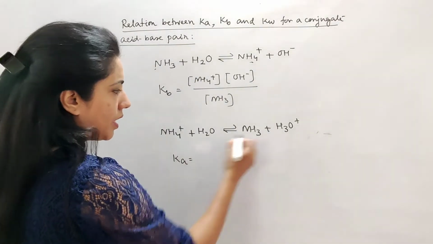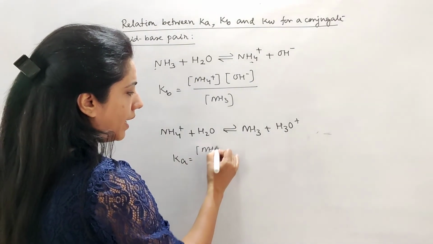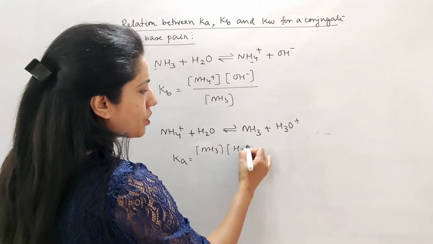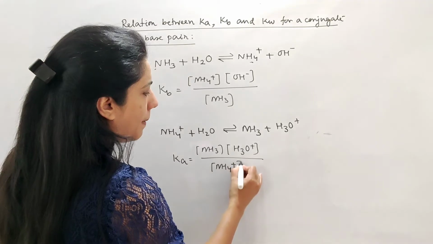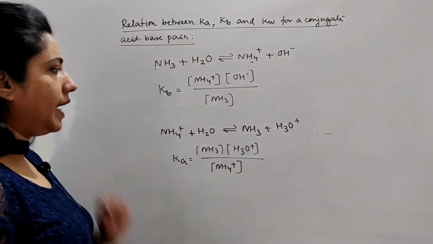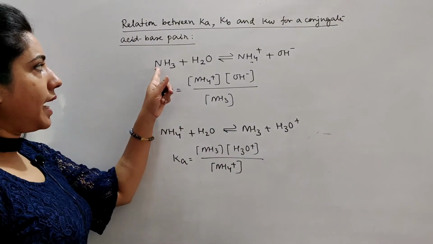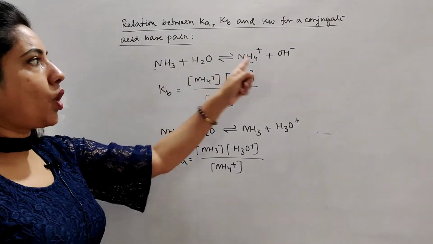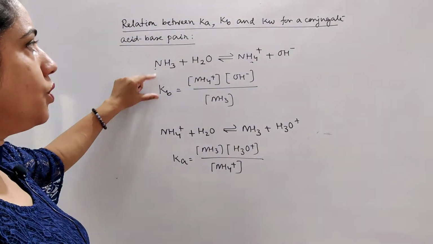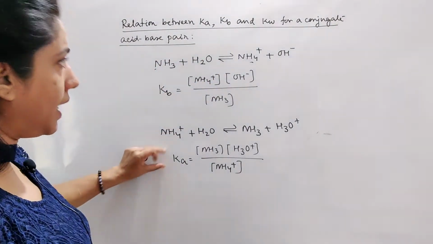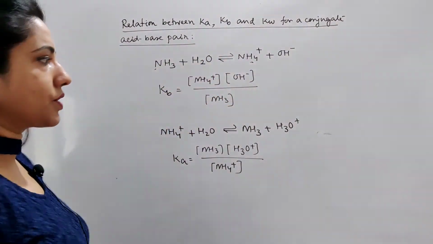Ka is equal to concentration of NH3 into concentration of H3O plus divided by concentration of NH4 plus. This is the Ka for this reaction. So NH3 and NH4 plus are the conjugate acid-base pair. We have written the Kb value for this reaction. We have written the Ka value for the reverse reaction.